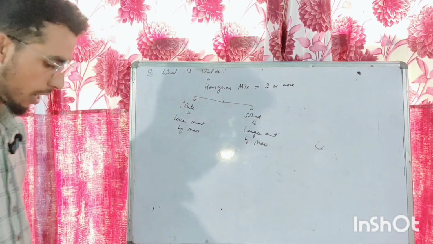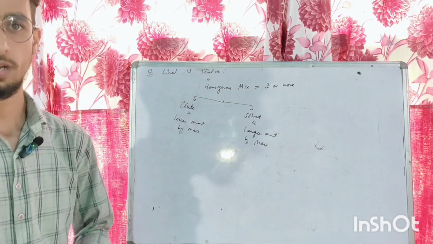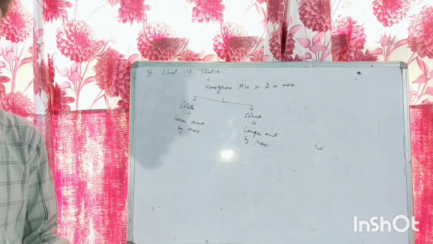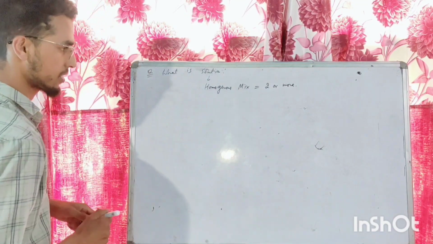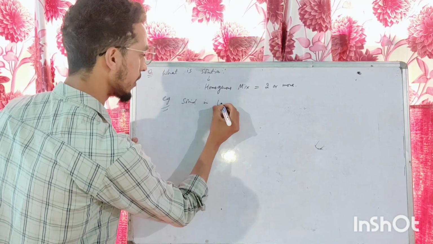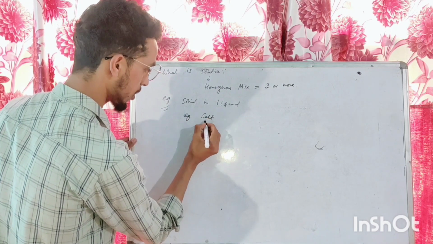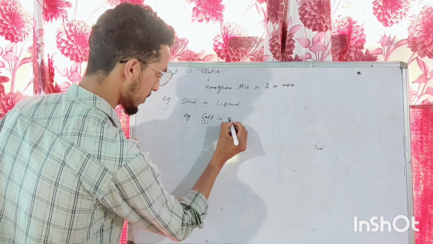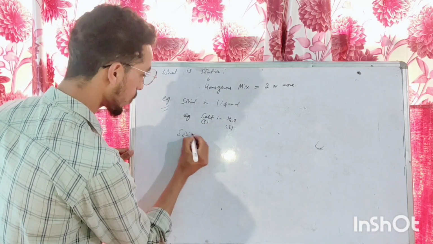Now, note that a solution can be solid, liquid, or gas in liquid sometimes. So let's take some examples so that you can understand. Sometimes a solution can be solid in liquid. The best example is salt solution. Salt is solid and it is present in water. Water is liquid. Sometimes it can be solid in solid also.